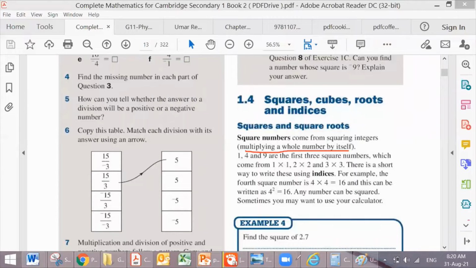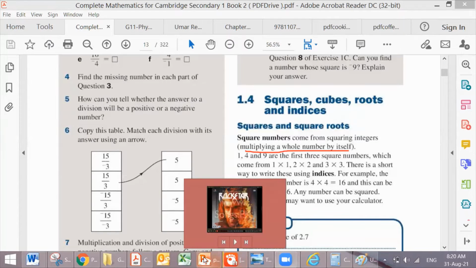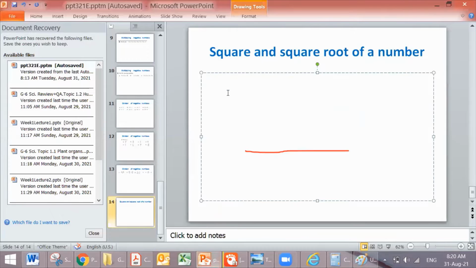Okay, so for example, how can you find a square? Multiplying a whole number by itself. Okay, so what does it mean?